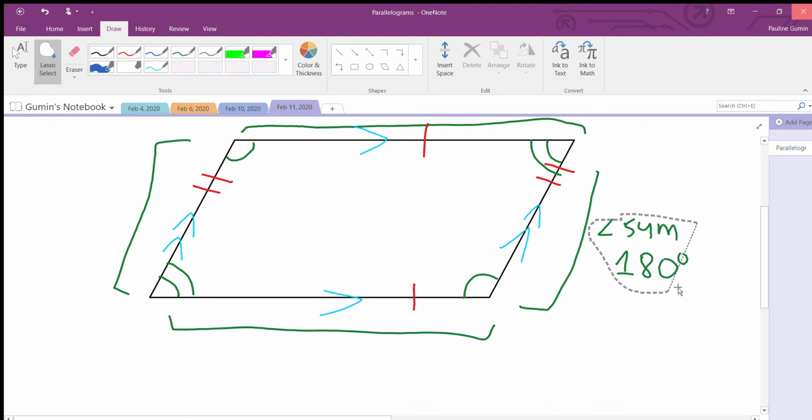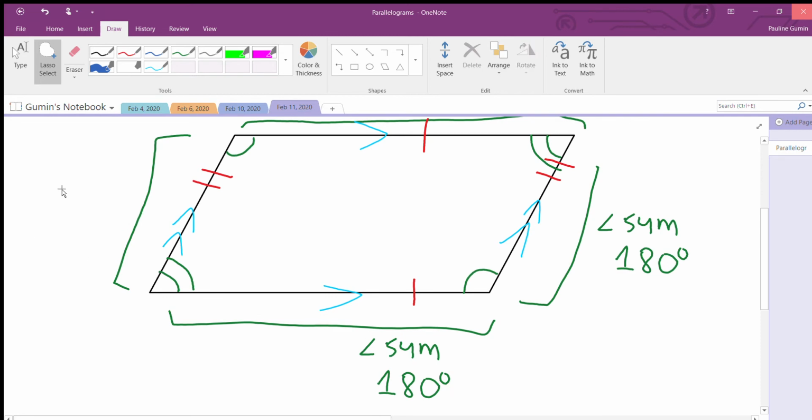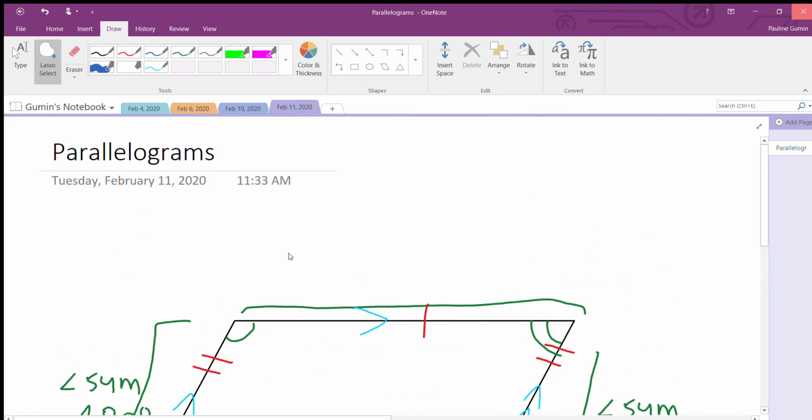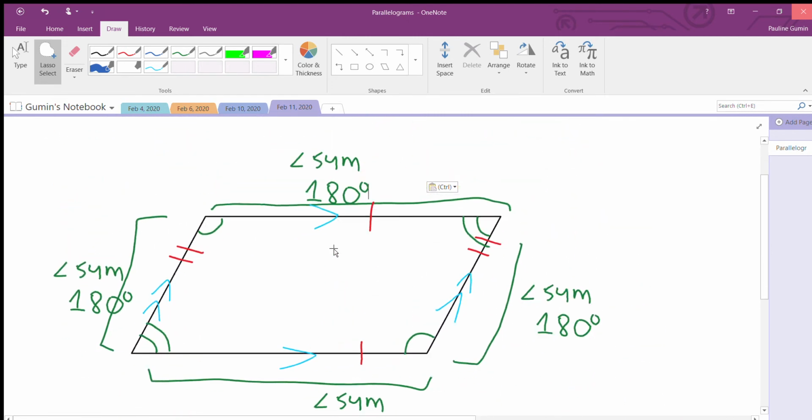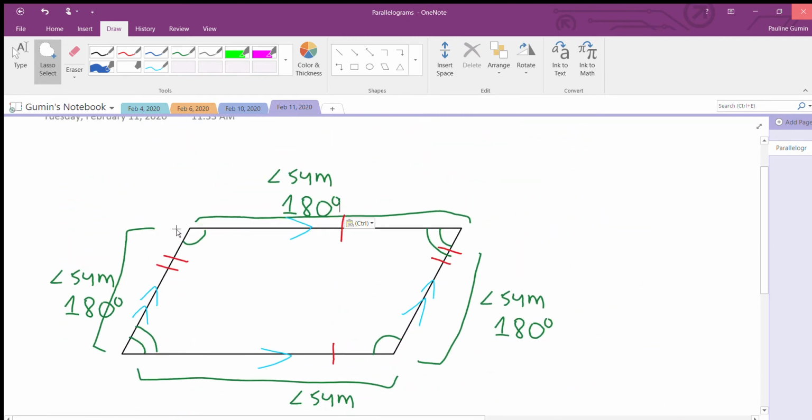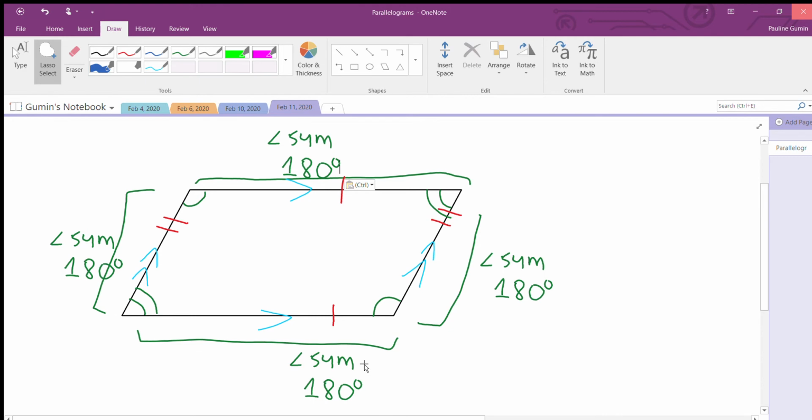I lasso it and I copy. I think I remember it working. Aha. And we're going to pretend, oh, I do have space. Okay, so when you add the two angles in a consecutive order, you get a sum of 180.